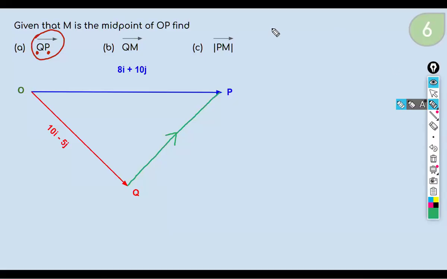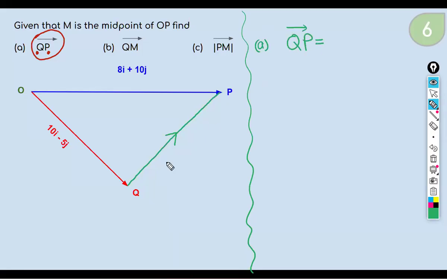So for part A, I'll do the working up here, in green also. I'll draw a little line here. So I'll call this part A. To find QP, we need a plan. Remember, obviously the easiest way to go from Q to P is just to walk along the green line. But I want you to pretend that this road is not accessible.